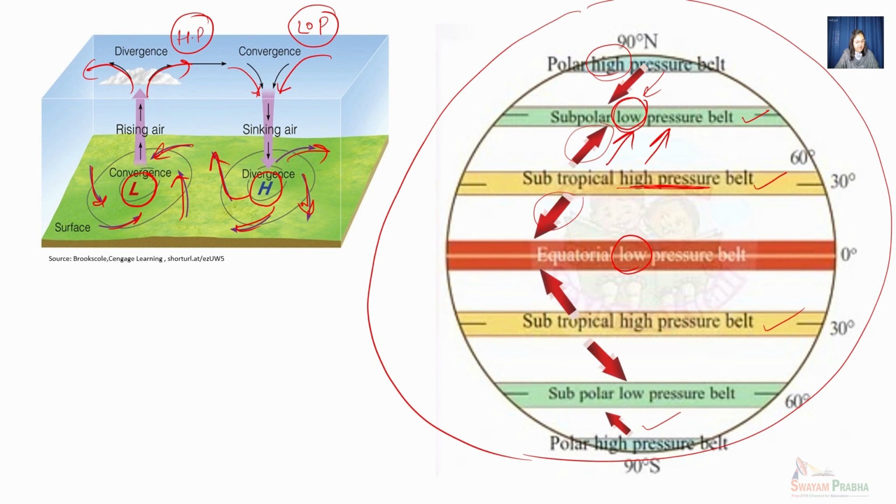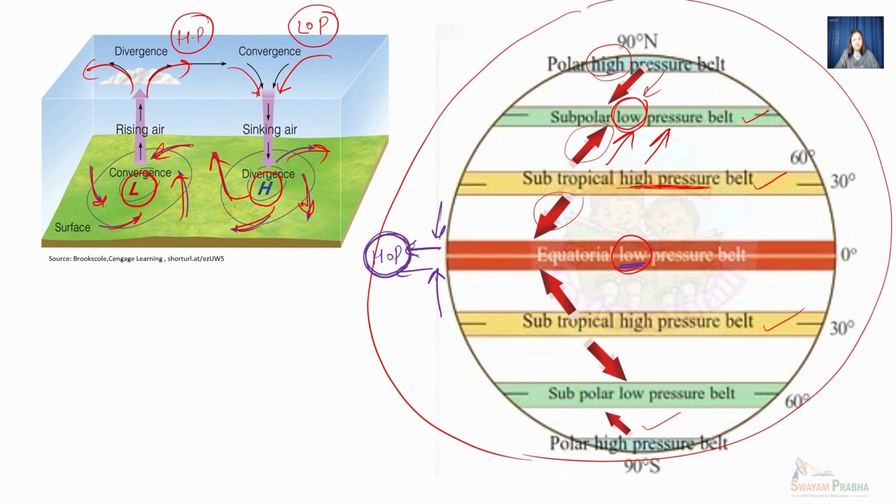So just replicate this in the global pressure belt map. If you have a low pressure center at the ground surface, you will have a high pressure center above the equatorial areas in the upper atmosphere. So low pressure center at the ground surface is marked by convergence of winds, and once they converge, they tend to rise up.